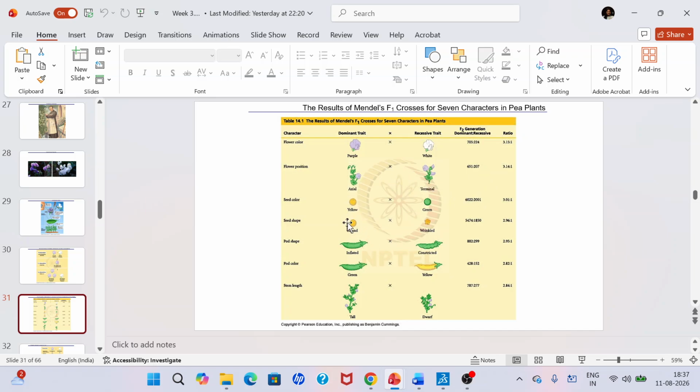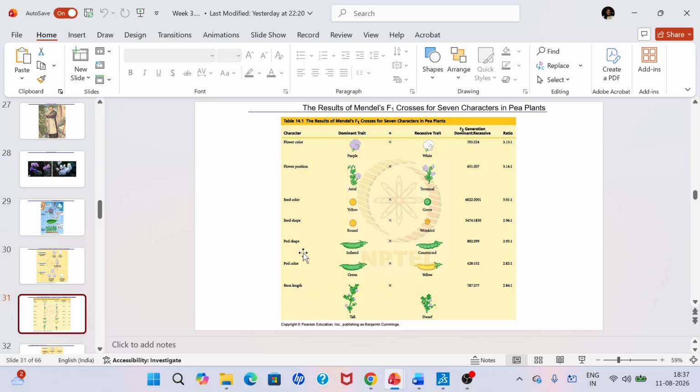Seed color yellow was dominant, green was recessive. Seed shape round was dominant, wrinkled was recessive. That means whenever the homozygous condition is there for the recessive, only then will that trait be expressed. Otherwise, if a heterozygous condition is there, the dominant trait will always be expressed.